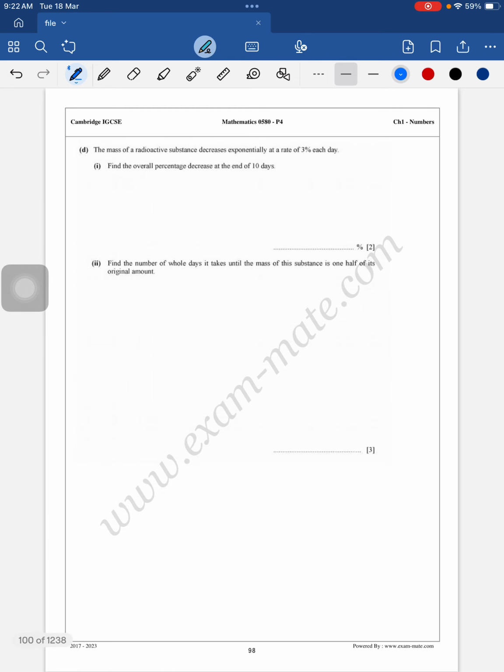The mass of a radioactive substance decreases exponentially at a rate of 3% each day. Find the overall percent decrease at the end of 10 days. So 3% each day. First apply the formula for compound interest: A is equal to P times 1 minus r upon 100 power n.